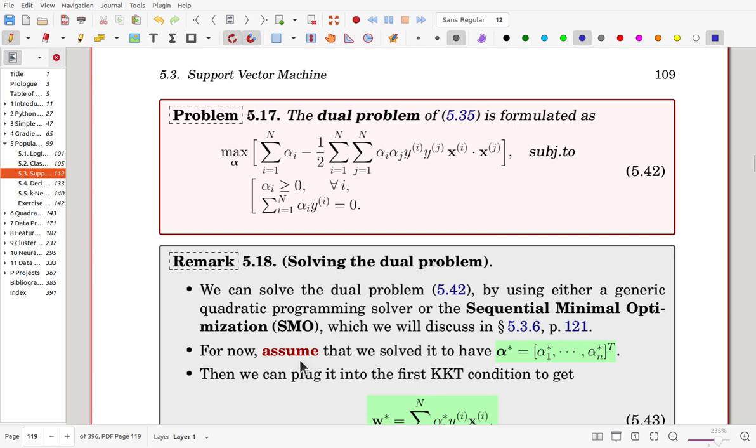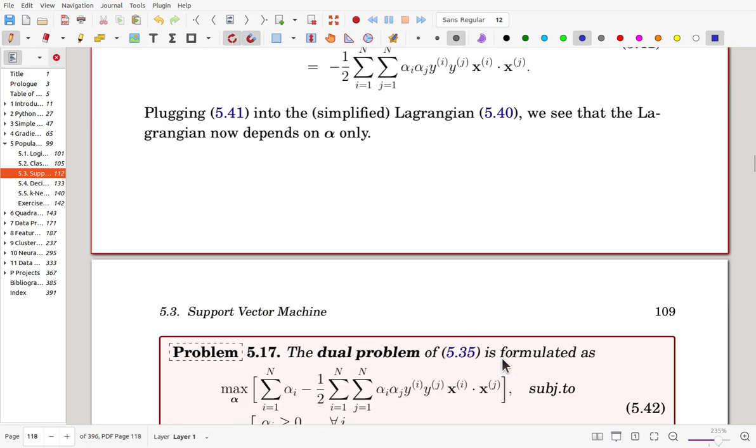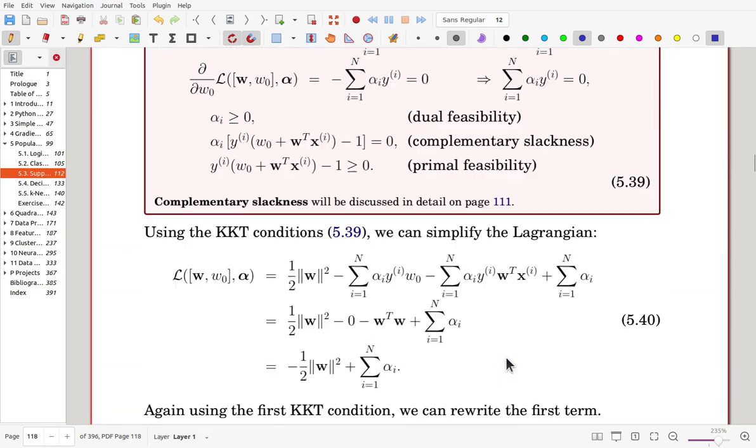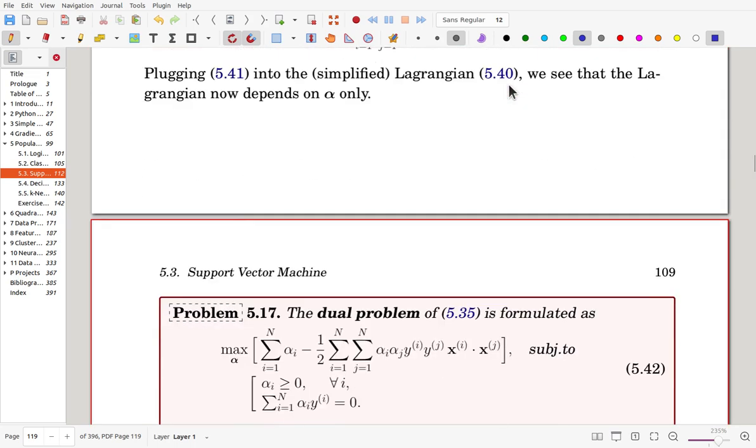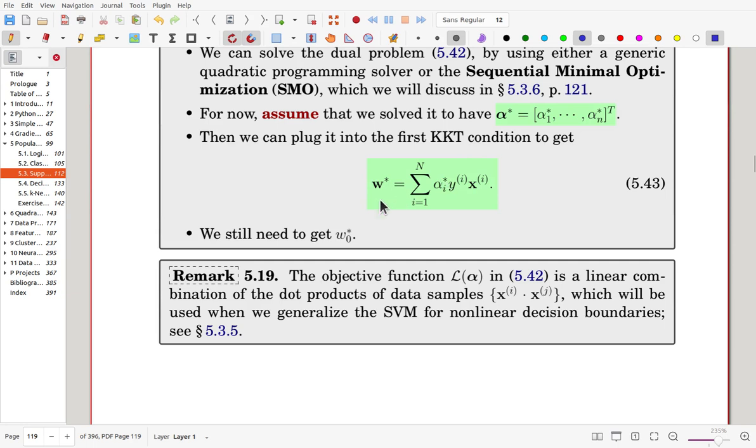At this moment, we'll assume that we solve that, and we have alpha star, the maximizer vector. Once that is solved, by using the first condition, alpha i is decided, then W star can be decided. So here we have W star.